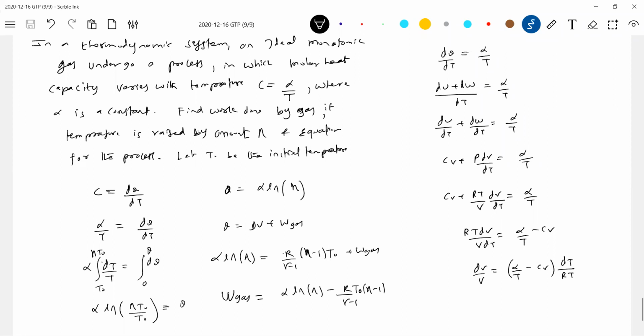Cv you can write as R by gamma minus 1. Then we have to integrate. So this will become dV by V equal to alpha by R. Can you solve it? It's only integration.